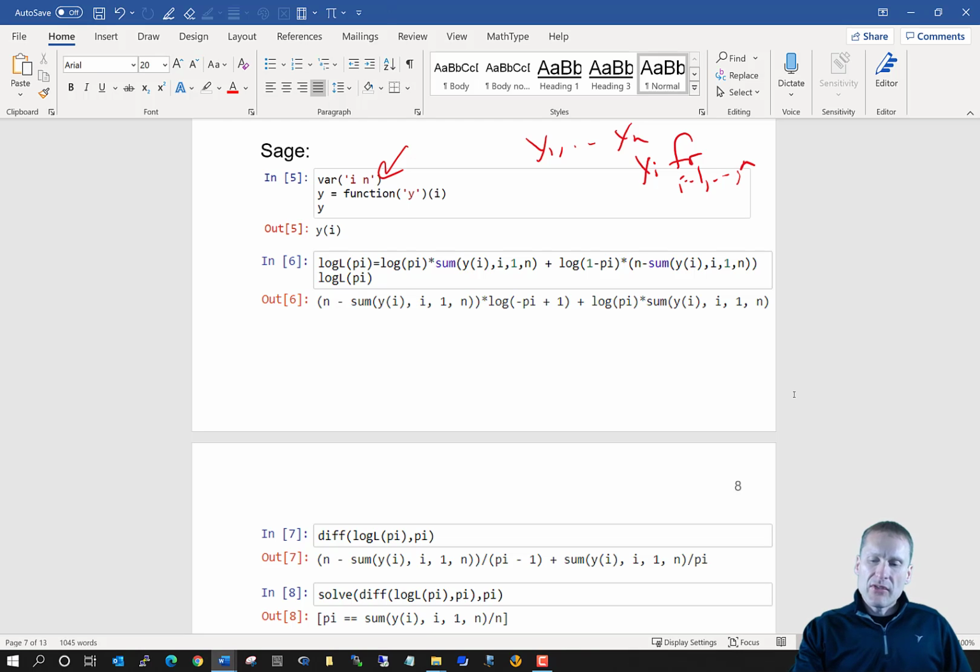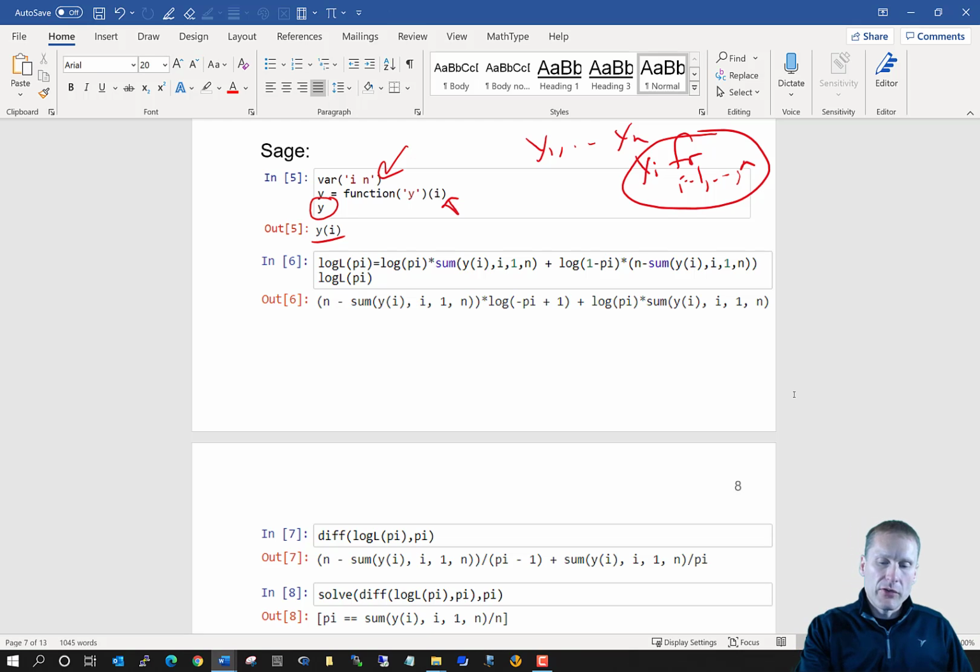And in order to tell Sage that I do have this y1, y2 up to yn, where I'm going to index it by i, I can use the following syntax. y is equal to a function, y, and then the parentheses, i. And so when I just type y itself, we can see that Sage says, okay, that's y with essentially a subscript i.